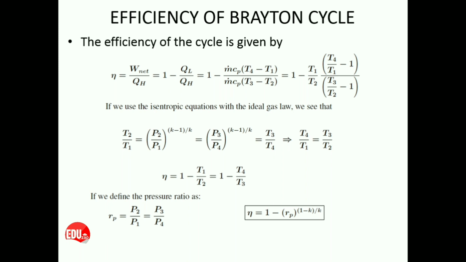Substituting the relation in the efficiency equation, we get the final equation as 1 minus T1 by T2, that is equal to 1 minus T4 by T3. If we define the pressure ratio as Rp, or P2 by P1, or highest pressure P3 by P4, the efficiency equation will be eta equal to 1 minus Rp raised to 1 minus gamma.